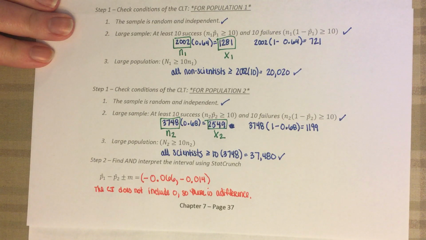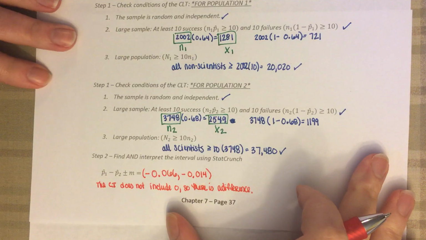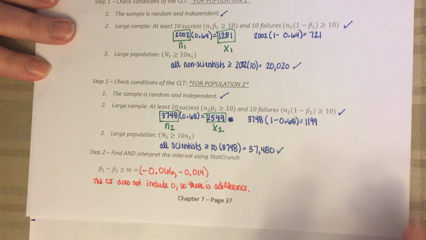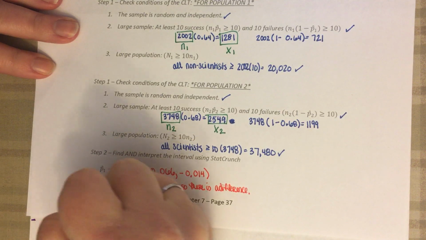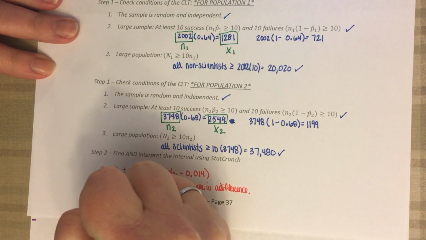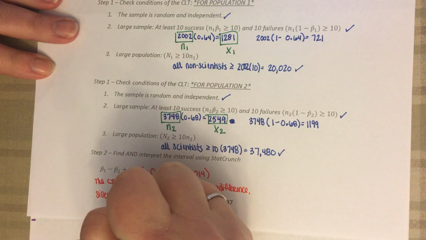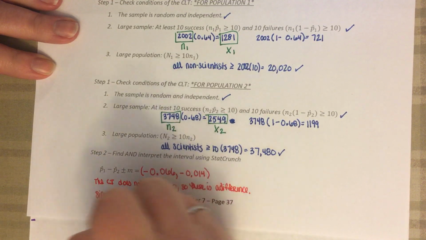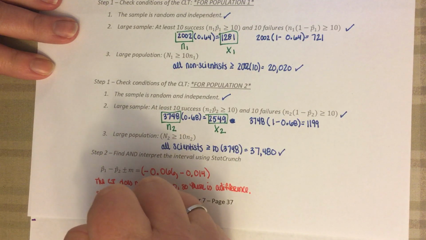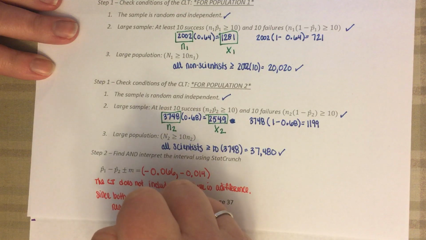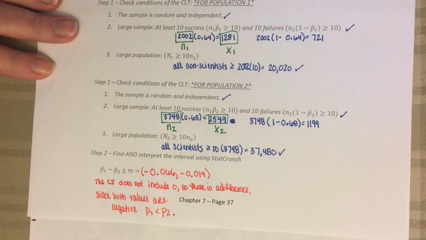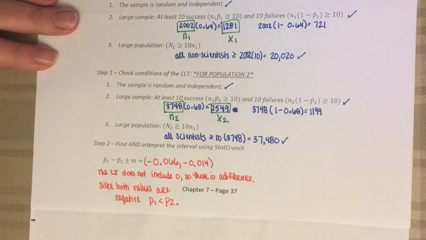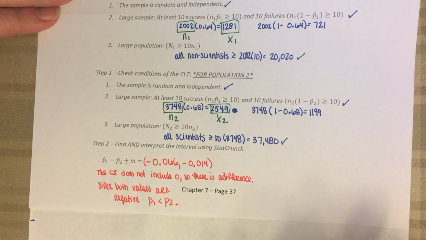We'll say since both values are negative, P1 is less than P2. So if both values are negative, that means that our P1 is smaller than our P2.